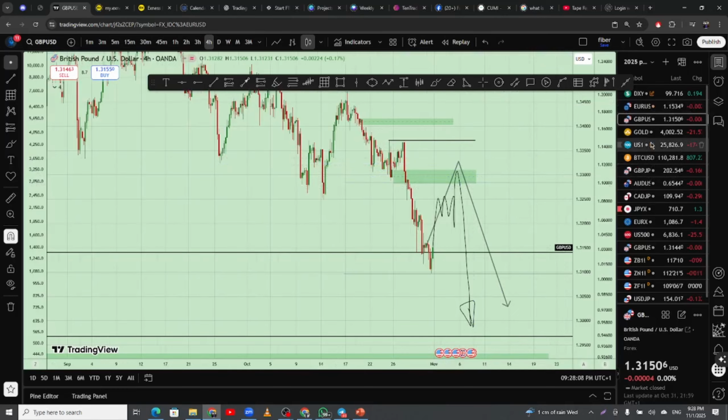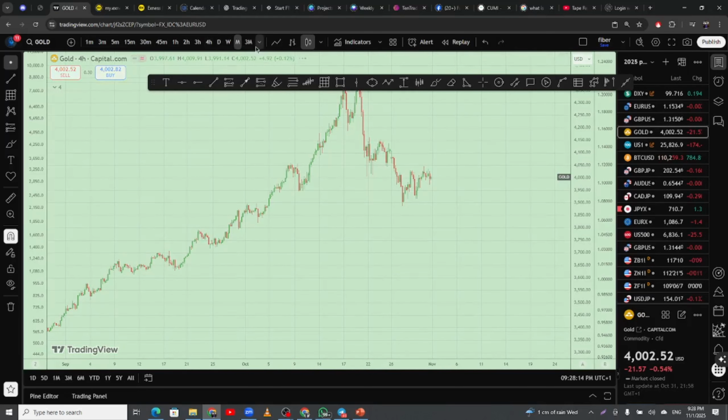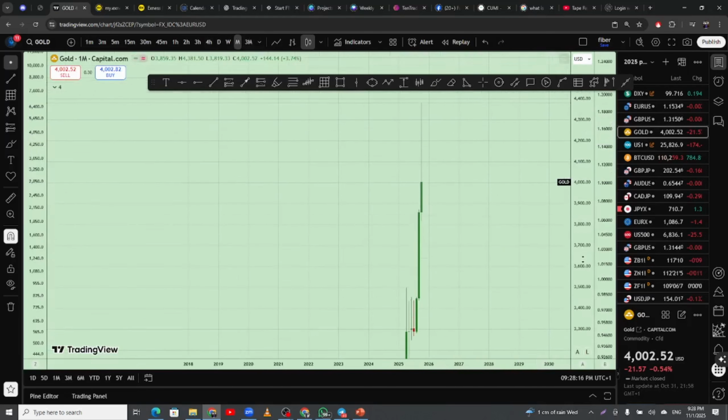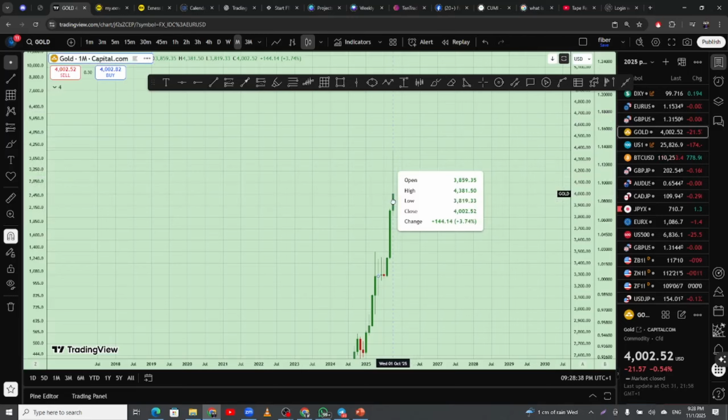So let's look at gold. Gold on the 3 month side and the monthly chart, we bought right up to, let's see, the high is 4381, so we bought right up to 4,381.